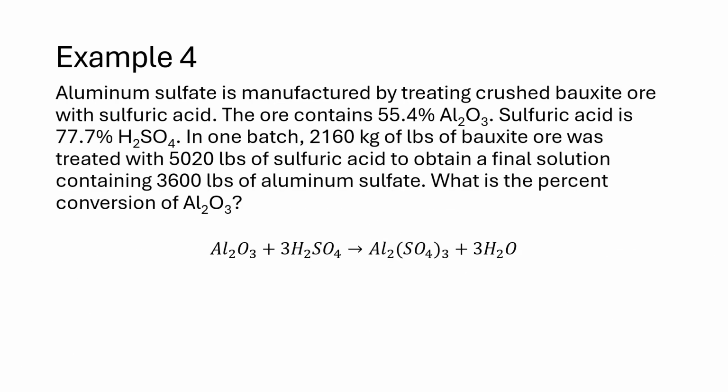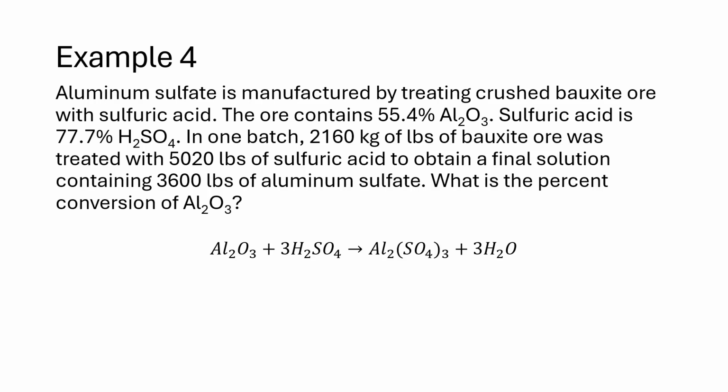Okay, last one. Aluminum sulfate is manufactured by treating crushed bauxite ore with sulfuric acid. The ore contains 55.4% aluminum oxide, and the sulfuric acid solution is 77.7% H2SO4.